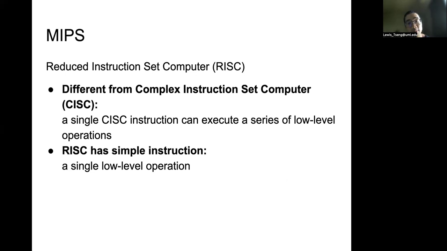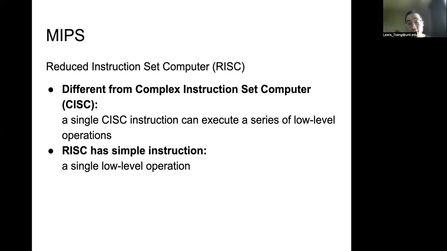And there are two different categories of instruction set. The first one is called reduced instruction set computer, which in short is RISC. MIPS is a type of RISC instruction set. And it's different from complex instruction set computer, CISC.